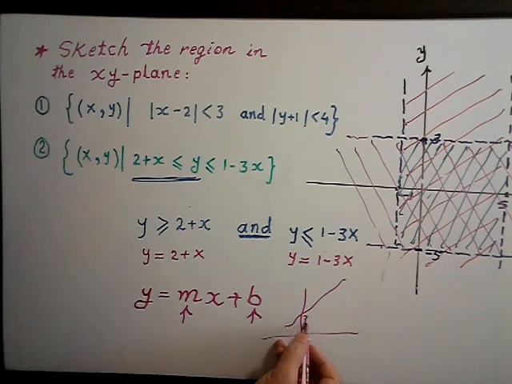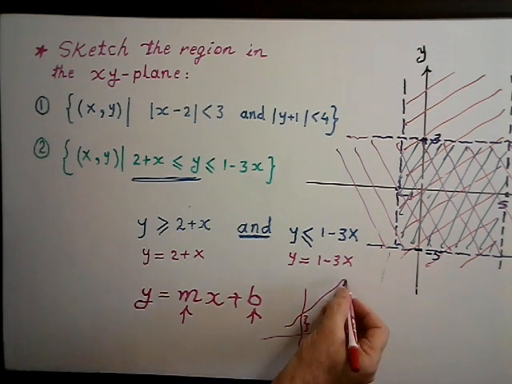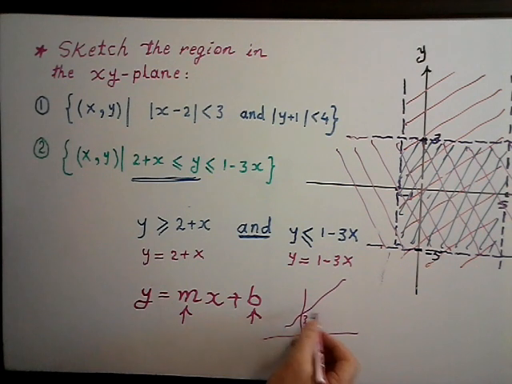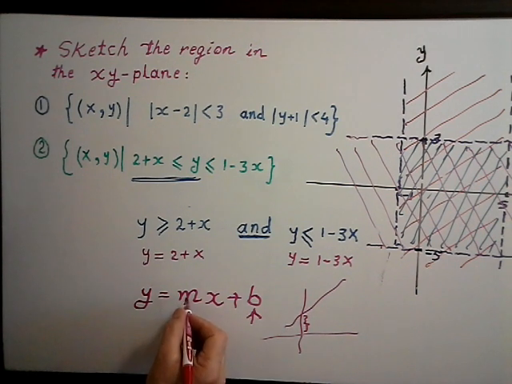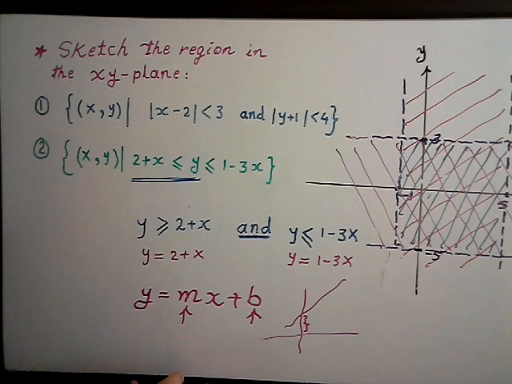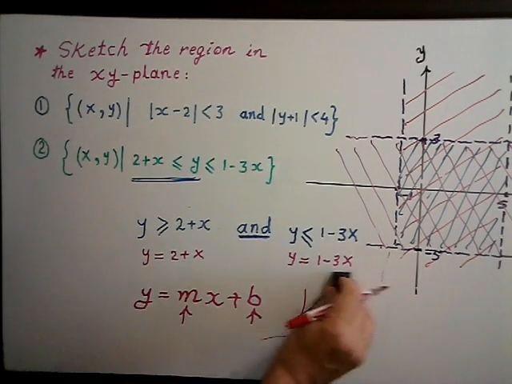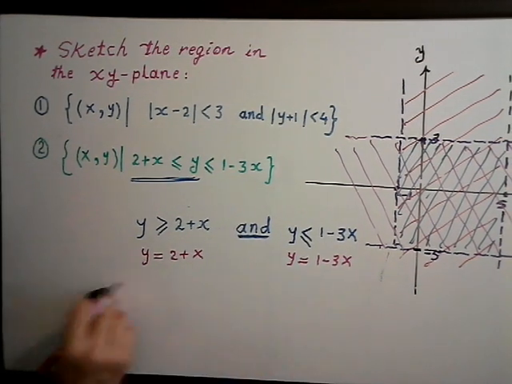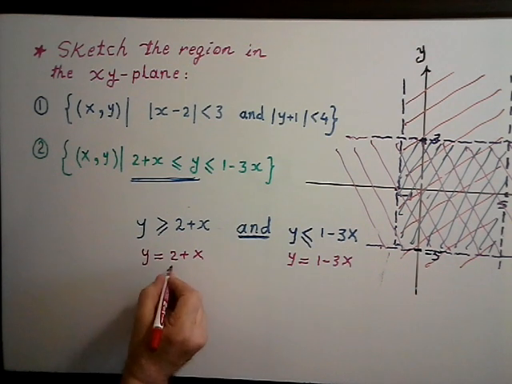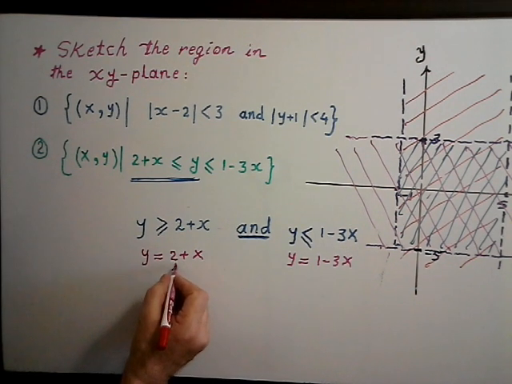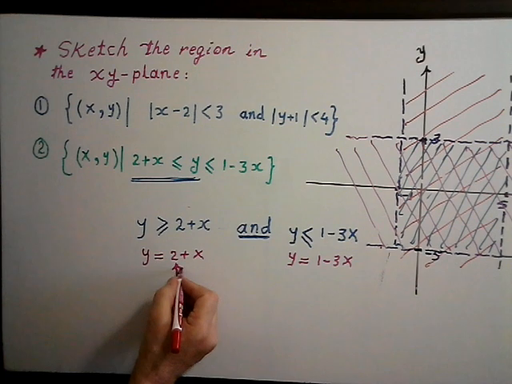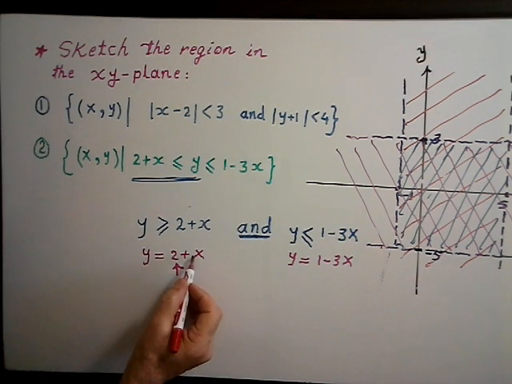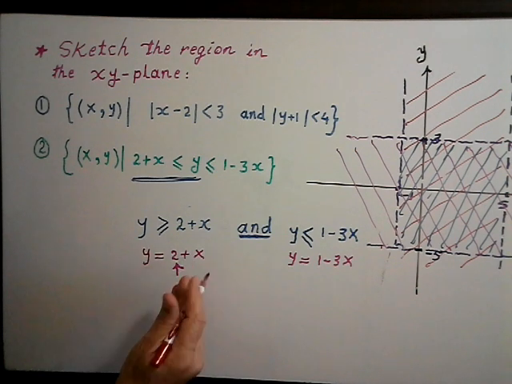This is b, and the slope depends on the value of m. Okay, we'll do the same for the first one. Here the y-intercept is 2, and the slope is the coefficient of x, which is 1. That means the slope is 1.